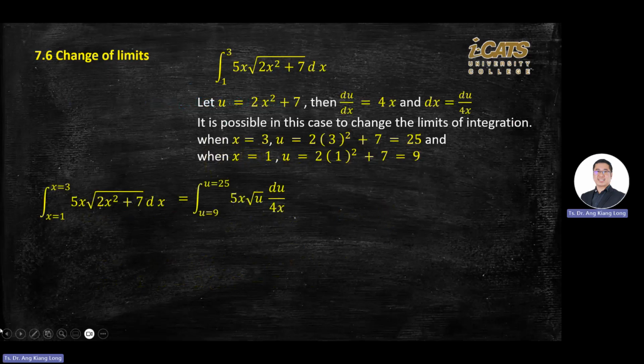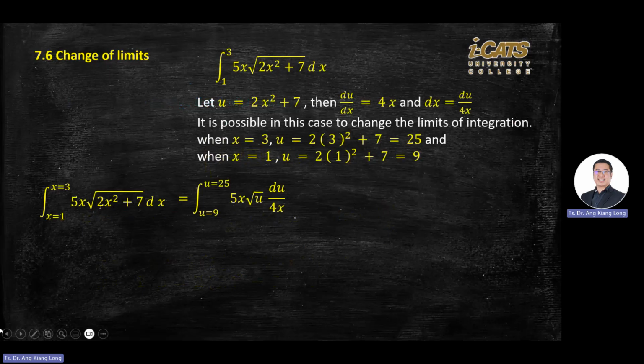From here to here. This is called change of limit. Change of limit means you change the x value into u value, because if you use back the value of x in your calculation, it will be wrong.